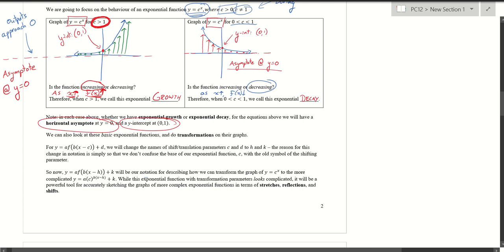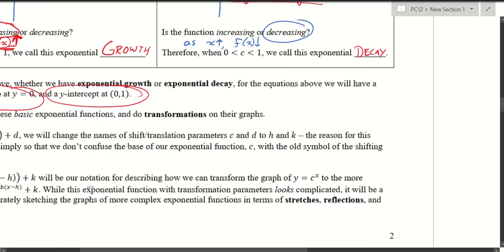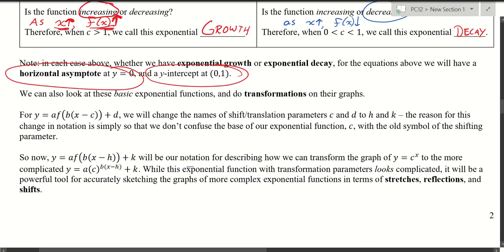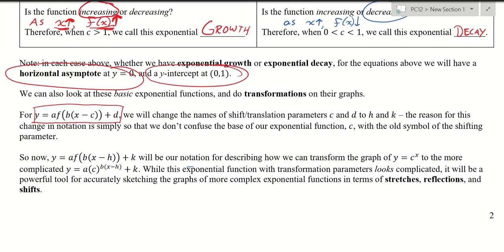So let's look at some transformations on these graphs. Transformations definitely are not going away. We have these parameters for transformations that we learned in chapter 2, but we're going to do a little name change here for these parameters. Nothing really is going to change other than what we're calling these parameters.